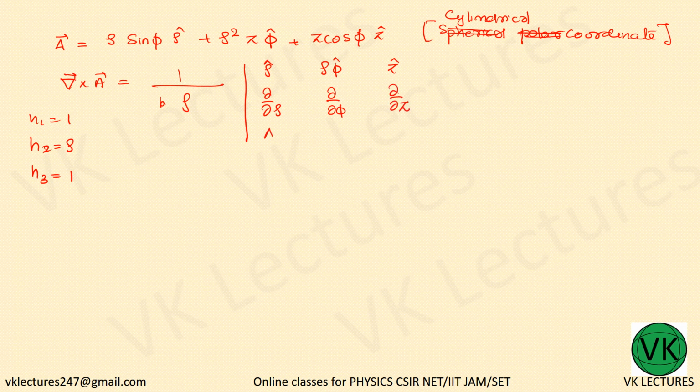This is A rho, A phi, A z. So 1 by rho outside, so this gives us rho cap into dou by dou phi of Az minus dou by dou z of A phi.